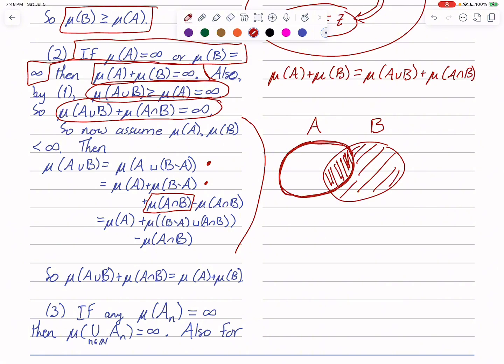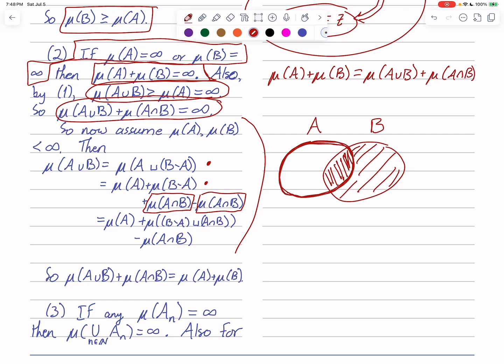So I would love to give B minus A this missing piece so that we could be talking about the measure of B. I'm going to go ahead and give it that missing piece. I'm going to add in mu of the intersection. But to balance things out, I also have to subtract back out mu of the intersection.